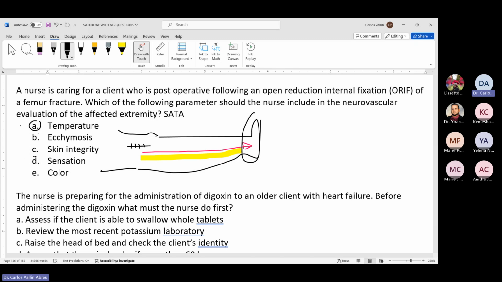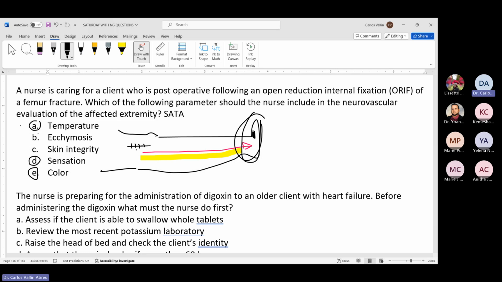Sensation has to do with the nerve. Sensation and movement of the extremity have to do with the neuro component of the neurovascular. Color has to do with it because the blood is red, and the color of the skin of the extremities depends on whether the blood is arriving or not. The other components are the arterial pulses and the capillary refill.